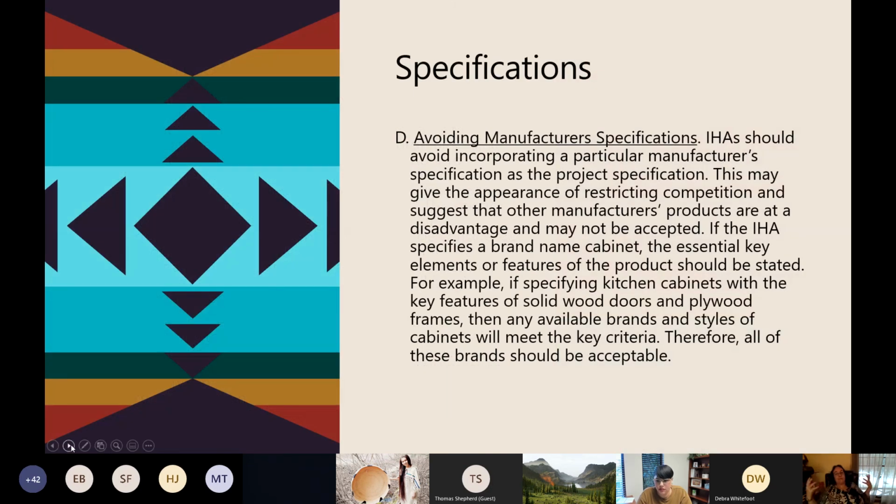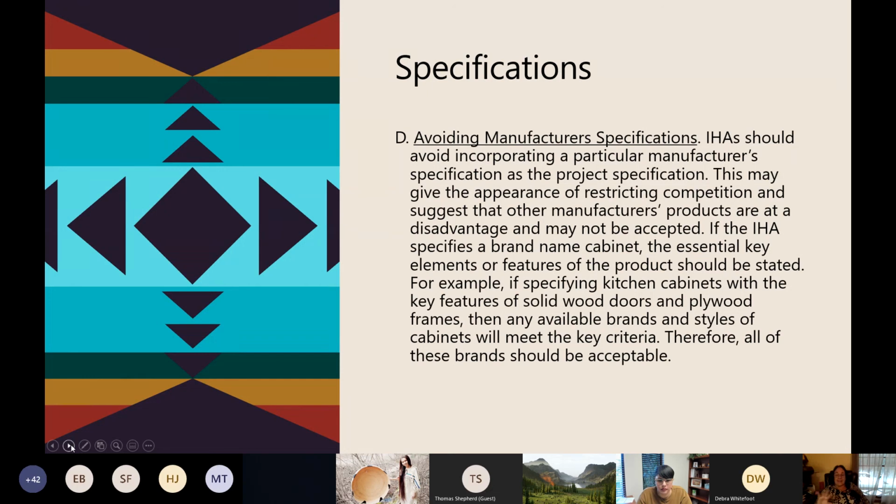So, avoiding manufacturer specifications. You should avoid incorporating a particular manufacturer's specifications as the project spec. It could give the appearance that you're restricting the competition, and suggests that other manufacturers' products are at a disadvantage and might not be accepted.